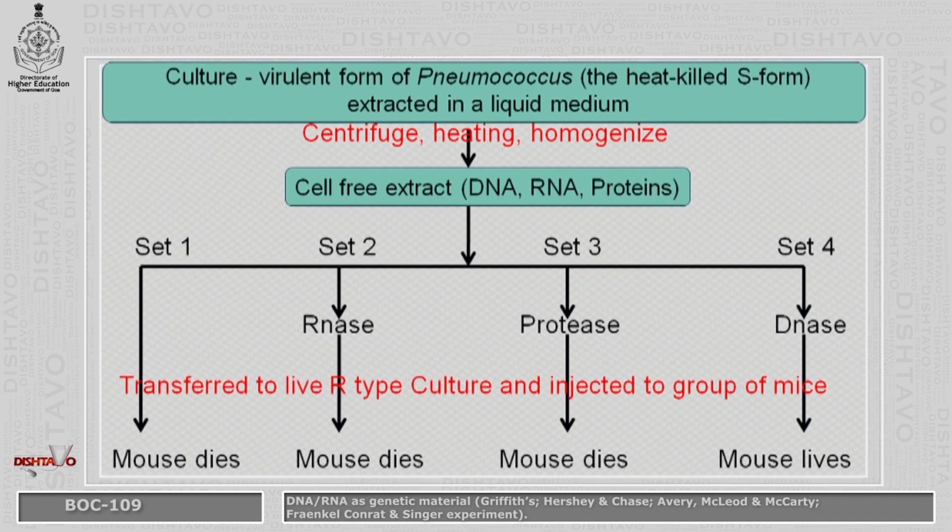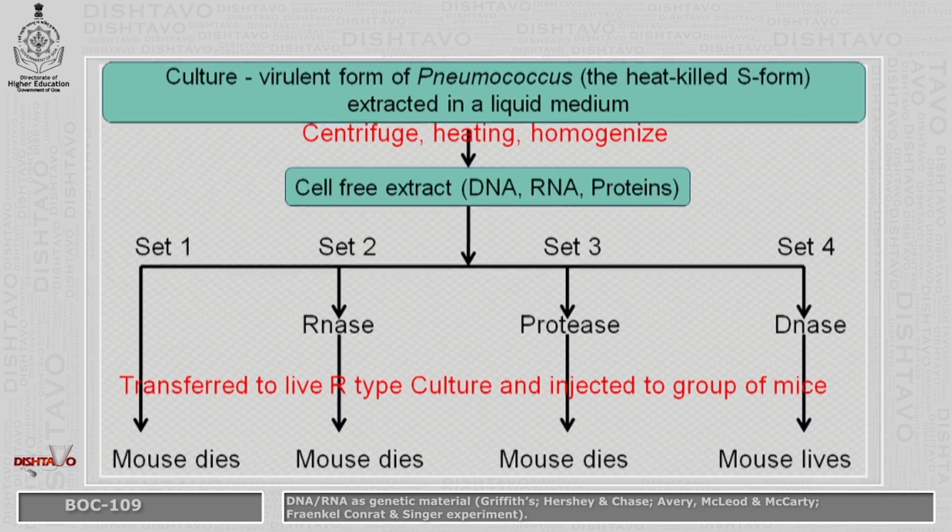So for their experimental setup, they took the fourth set of Frederick Griffith, that is the heat-killed S form, extracted it in a liquid medium, centrifuged, heated, and homogenized it, getting a cell-free extract.